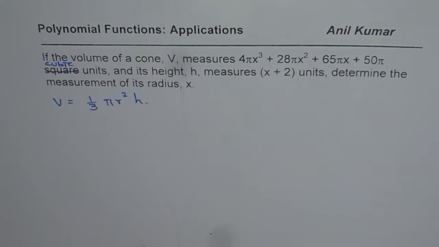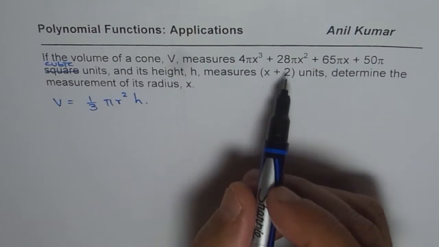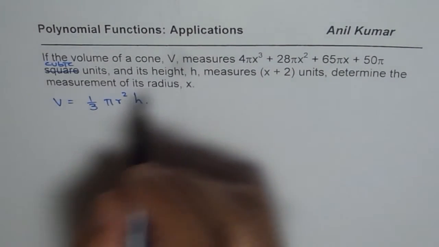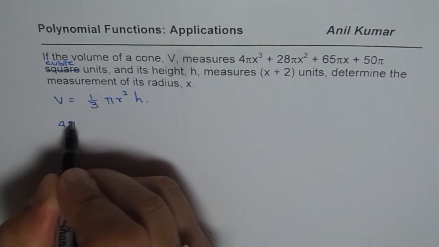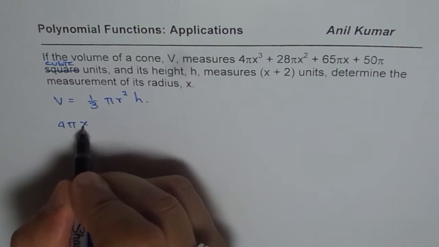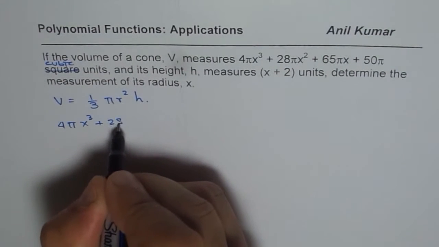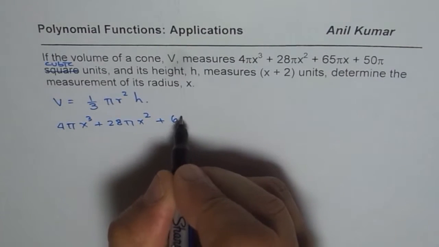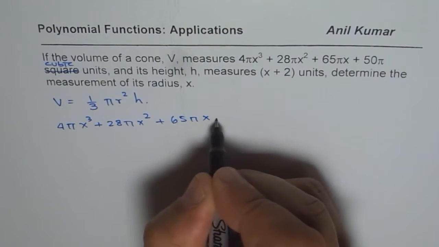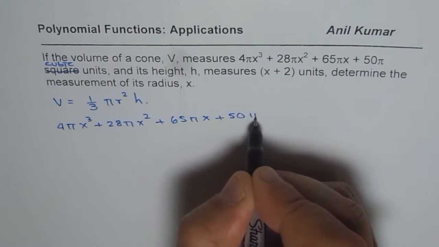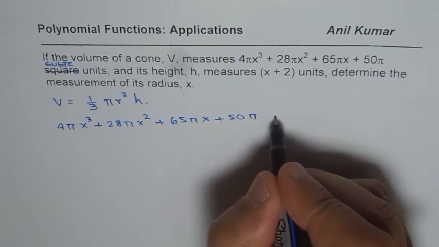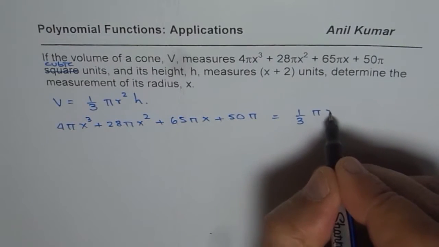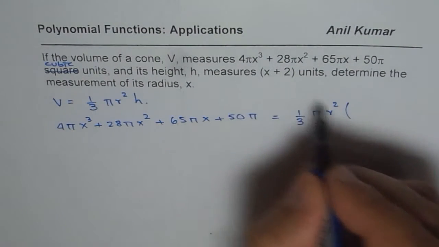So since we know the height and we know the volume, we can divide. Let's equate this. So we have 4 pi x cubed plus 28 pi x squared plus 65 pi x plus 50 pi, and all this is equal to 1/3 of pi r square, and h is x plus 2.